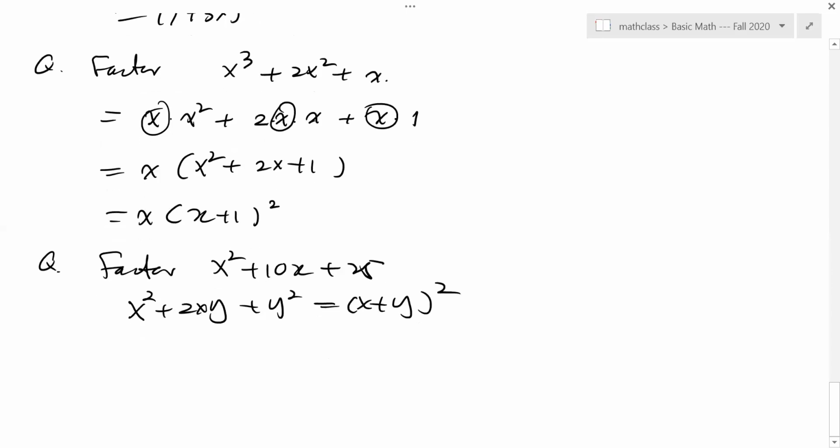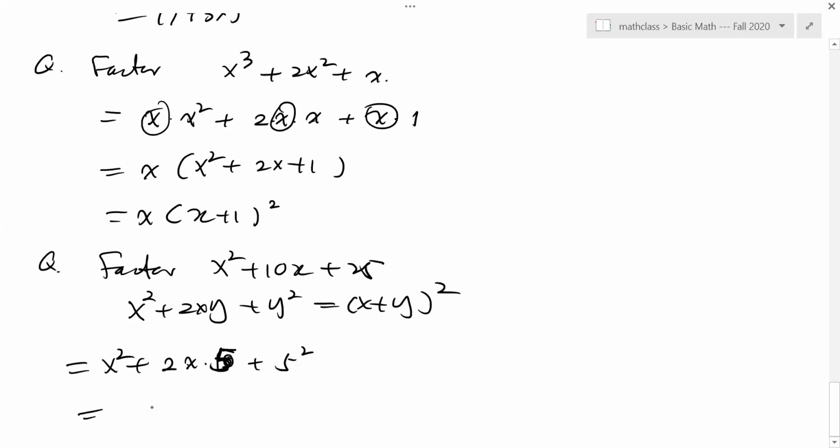So can you figure out what y is? y should be 5, and x squared plus 2 times x times 5, and then 5 squared.